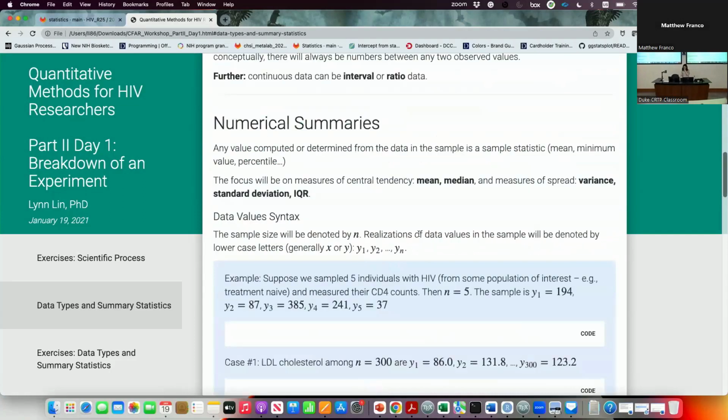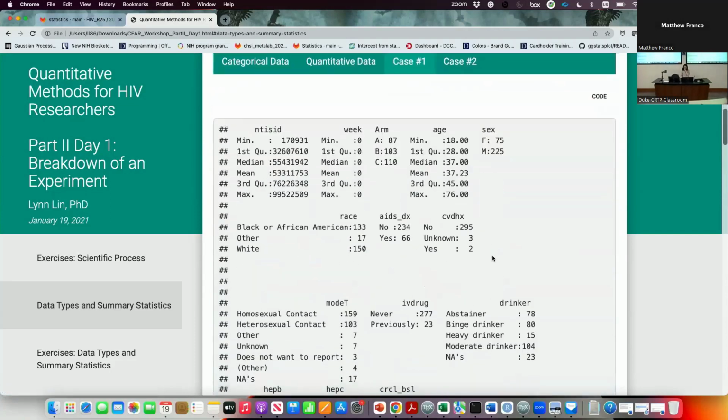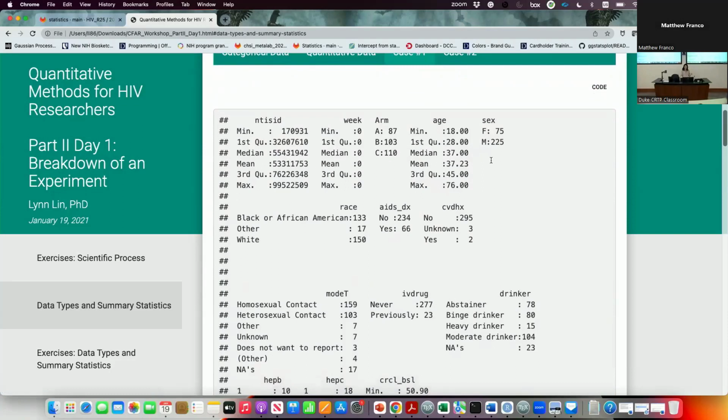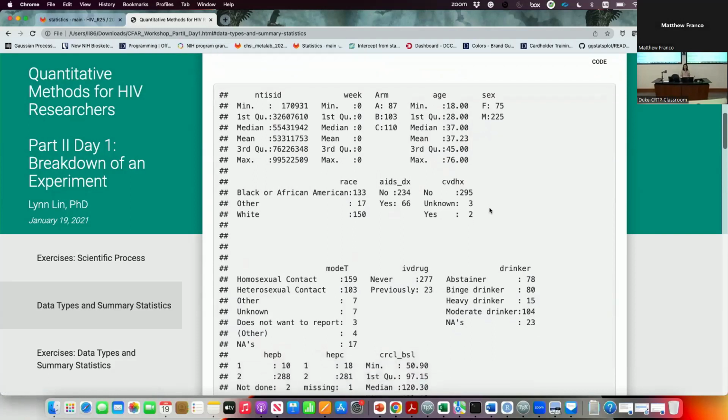Okay, so later, when we do the R session, you can load this data set for both case 1 and case 2 in R and take a look at how the data looks, as it was collected from some clinical study.